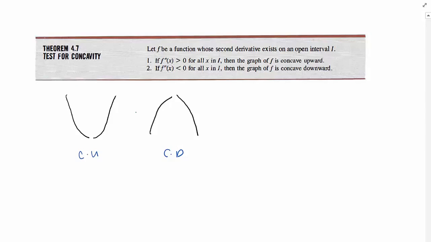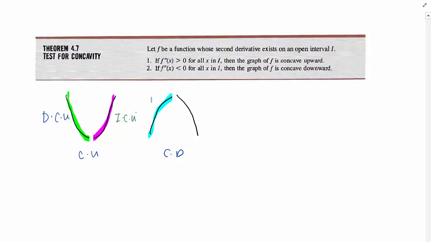So this side here, that is the decreasing concave up, and this one we can indicate increasing concave up.